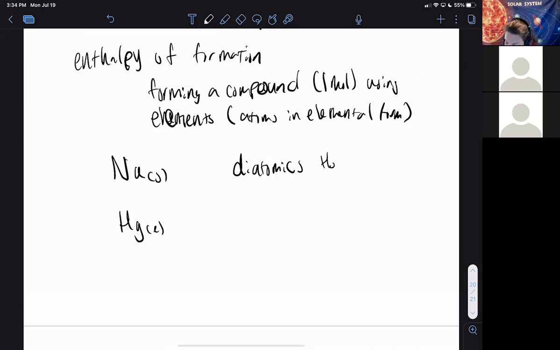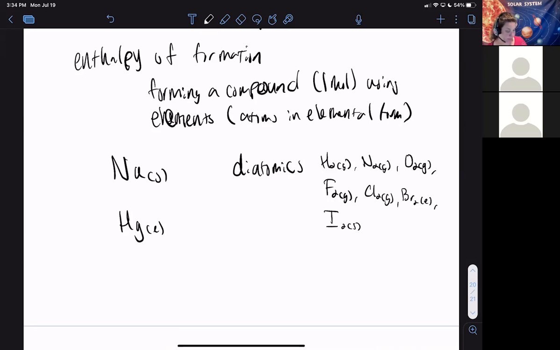So that's going to be H2 gas, N2 gas, O2 gas, F2 gas, Cl2 gas, Br2 liquid, I2 solid. So those diatomics, there are 7 of them. You should know all 7 of these.